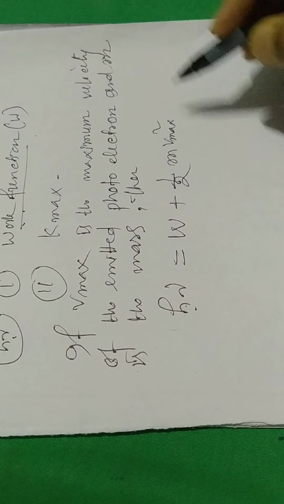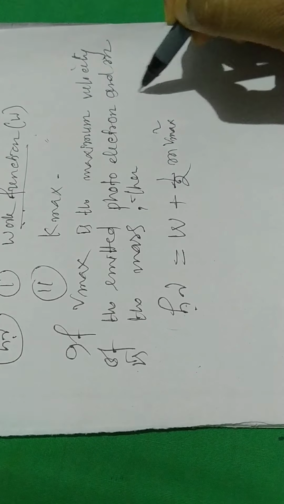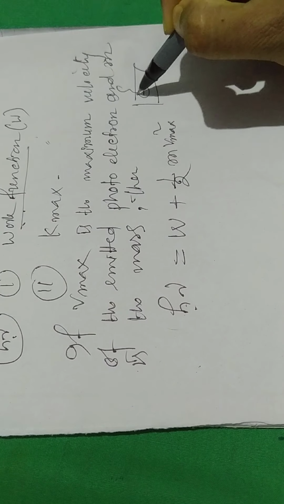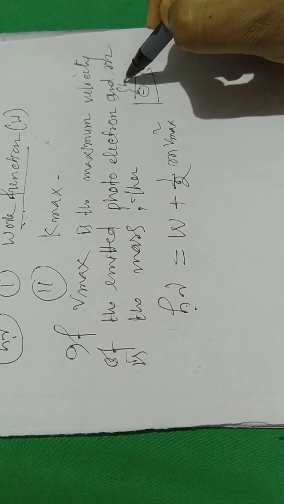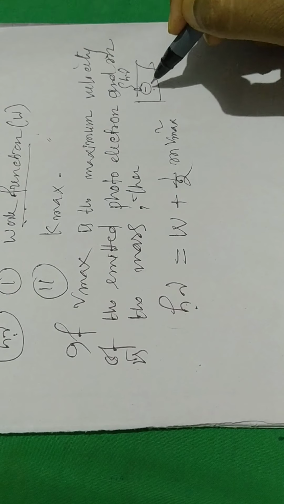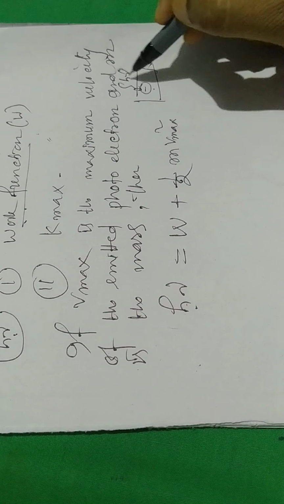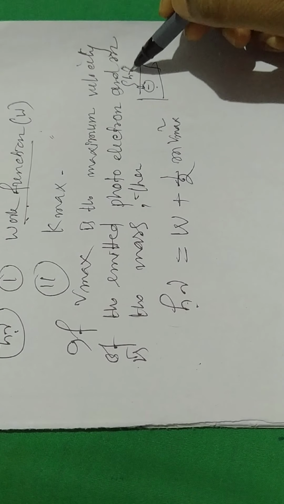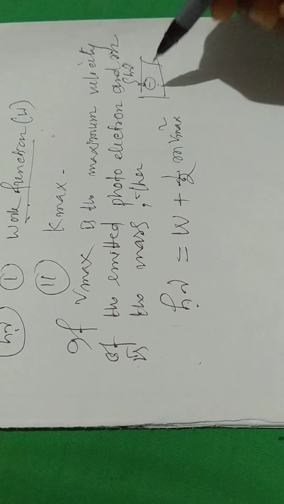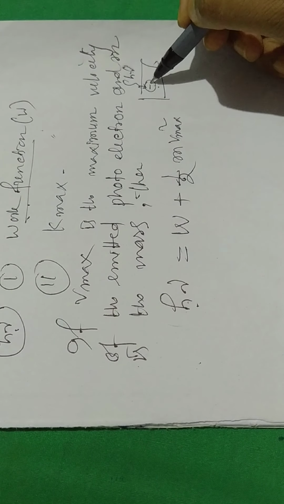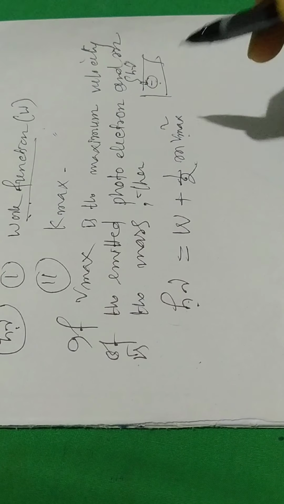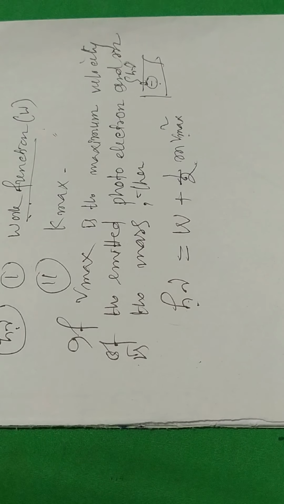Actually, if this is a metal surface with electrons, then h nu is the energy incident on the metal surface. This energy is absorbed by the electron, and the electron uses it in two ways. One part of the energy removes the electron from the metal surface, and the rest is the maximum kinetic energy, to reach the anode.